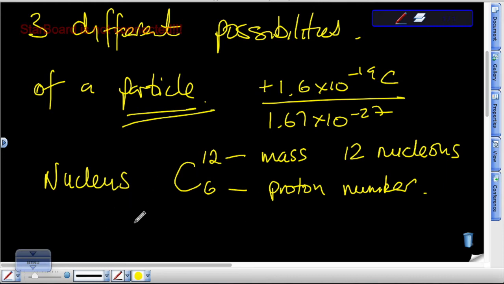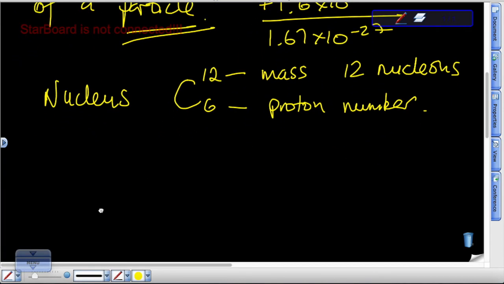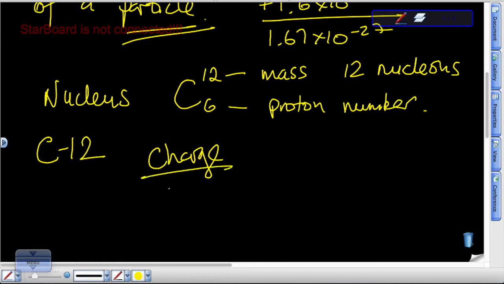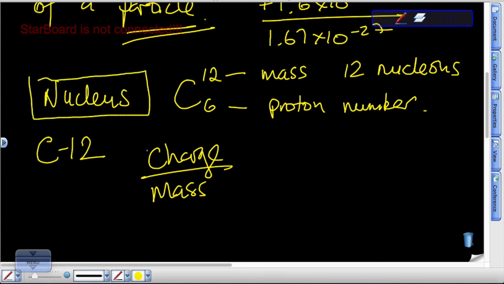So this particular isotope, carbon 12, has 6 protons and 6 neutrons. I'm going to do the charge to mass ratio of this nucleus. The charge is going to be the proton number, because we're only interested in the nucleus, not the electrons that surround it.